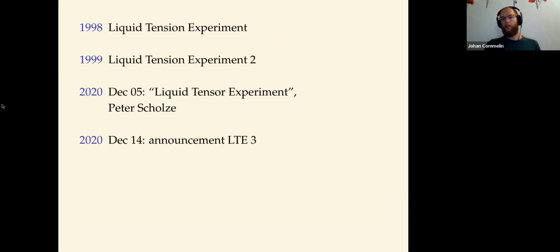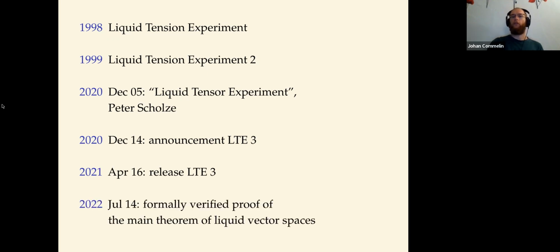And then 9 days later, they announced, okay, we'll do a third album. So this album was released last year on April 16. And this year on the 14th of July, we finished the formal verification of the proof of this main theorem of liquid vector spaces. So that's sort of, in a nutshell, what I've been busy with the last 2 years.